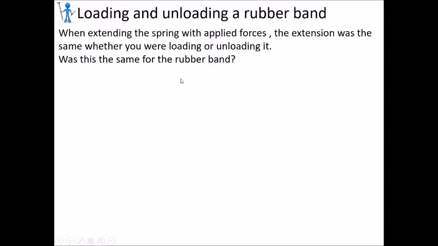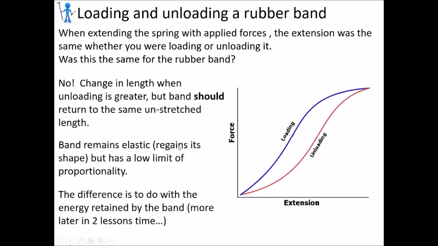If we compare this to a rubber band, you might imagine rubber bands stretch just like springs do, but in fact that's not the case. When you load a rubber band, you add weights to it carefully, making sure you don't drop the weight on, then you get this curve. If you take the weights off again, then you get this curve, the unloading curve on the way back. And what you'll notice is that the length it's stretched to is longer.